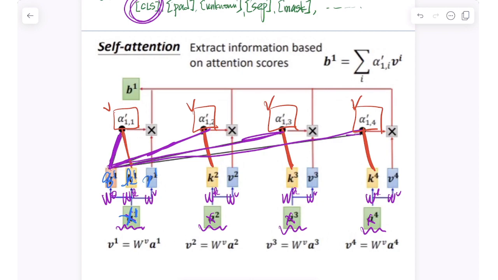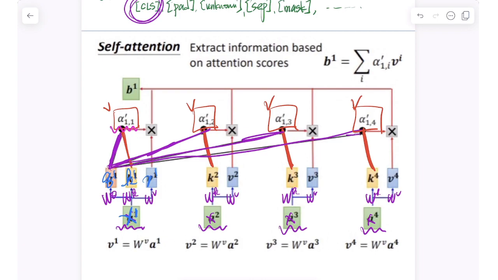After that, by referencing alpha 1,1, 1,2, 1,3, and 1,4, the value should be between 0 and 1. It corresponds to whether K1 and Q1 are similar or not. If alpha 1,1 is very large, then Q1 and K1 are very similar.